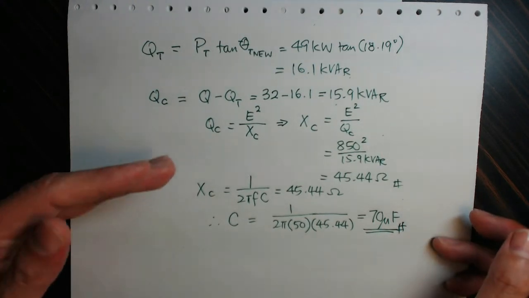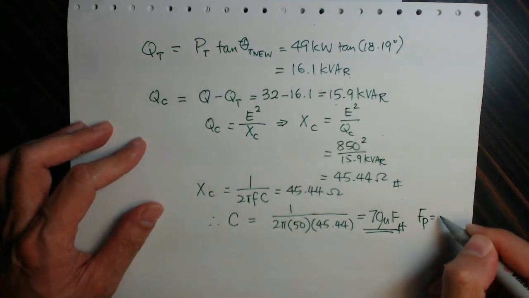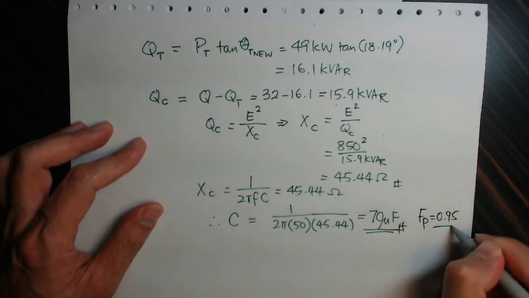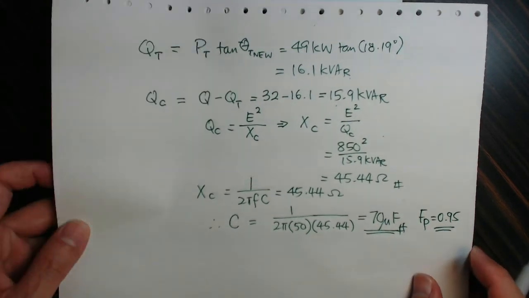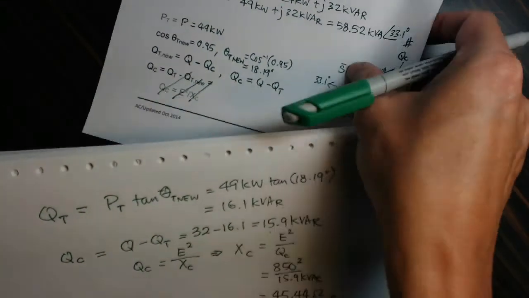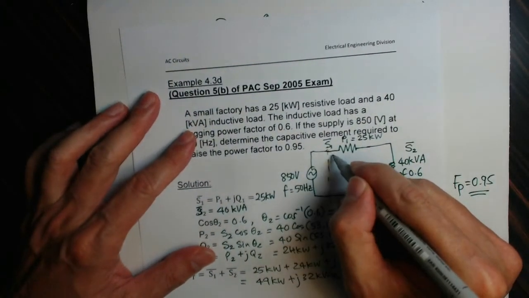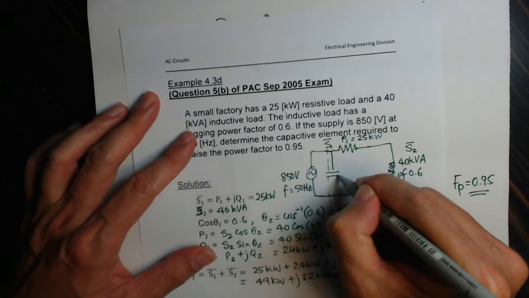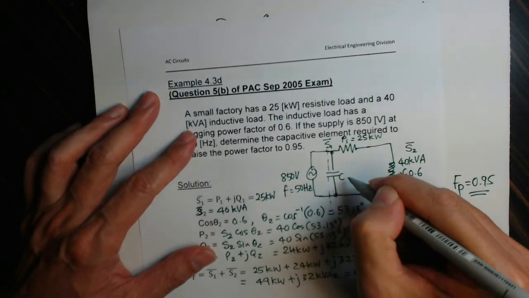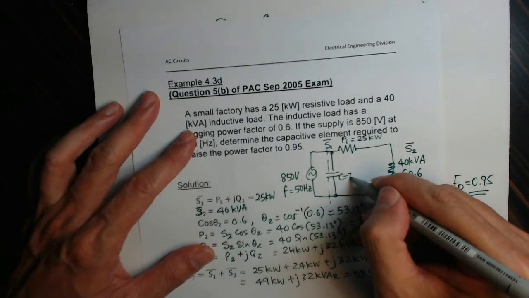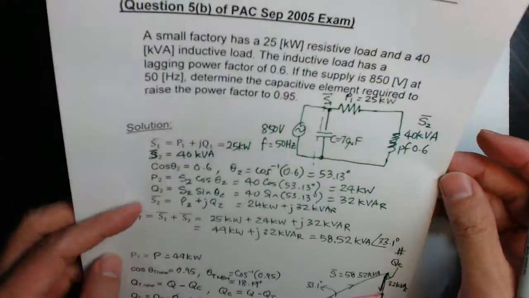So in other words, in order to improve the power factor to 0.95, I need to add a capacitor to the original circuit. If we look back at the original circuit, I need to introduce a capacitor here to improve this value, a capacitor of 70 microfarad, so that my overall power factor is improved.